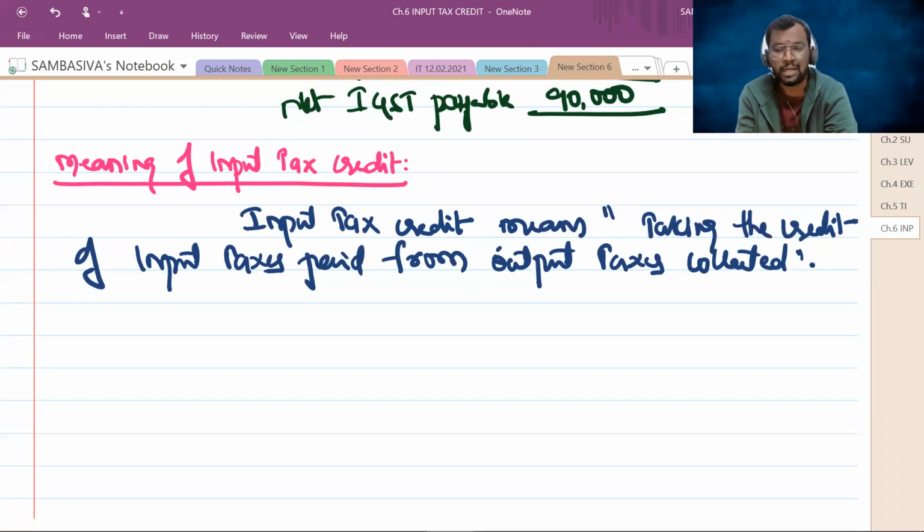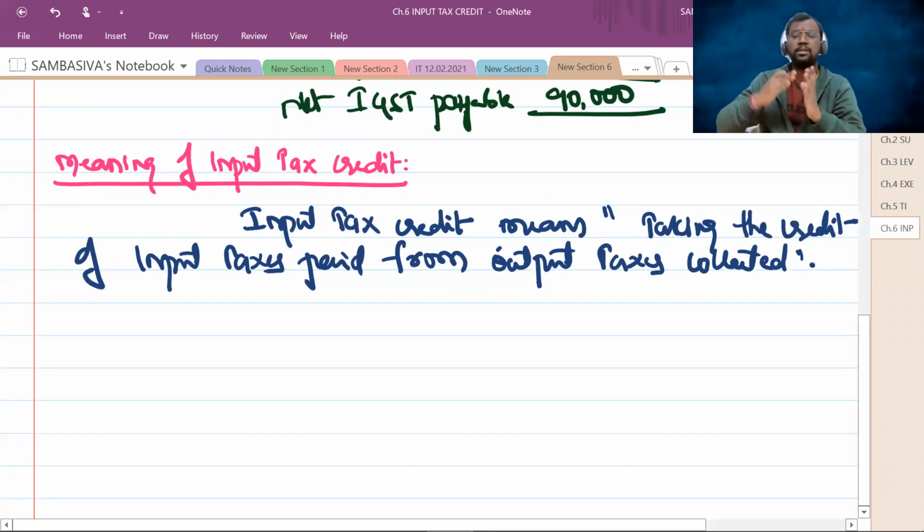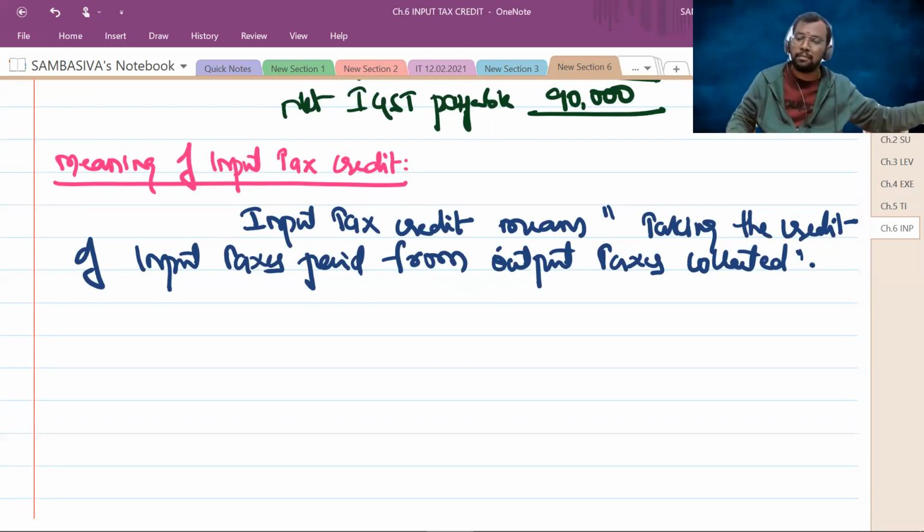That is what we call input tax credit. So whatever earlier taxes we have paid to the government, those taxes we are retaining with ourselves, and only then will we pay the remaining balance to the government.